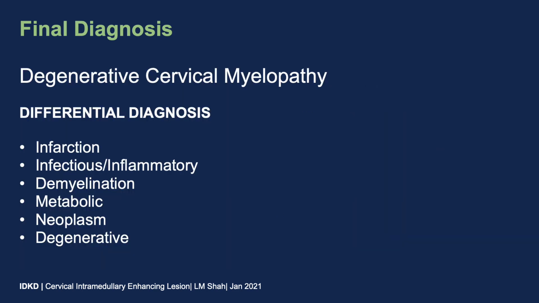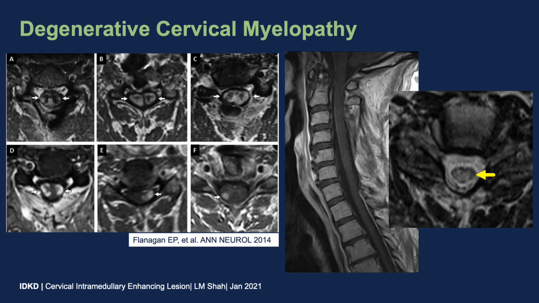The final diagnosis for our 54-year-old gentleman with progressive upper extremity pain and weakness is degenerative cervical myelopathy. It's important to note the enhancement pattern with cervical spondylosis.